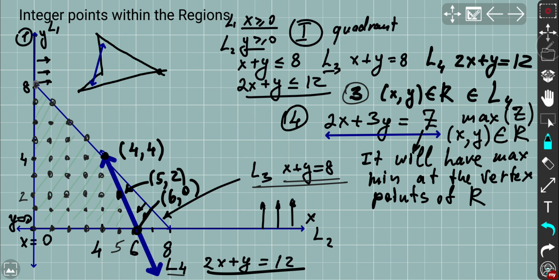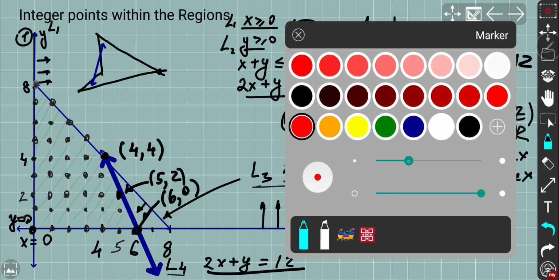So how many vertex points do we have? Let's just list them. The first is 0, 0. So that's one vertex. I'll highlight them a little bit.